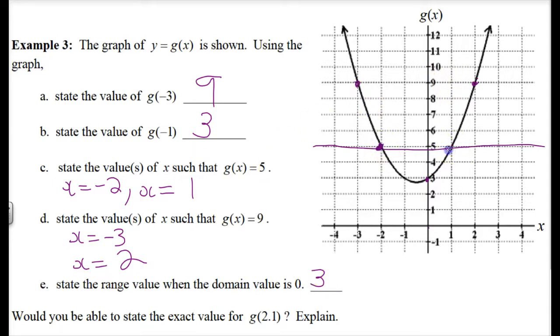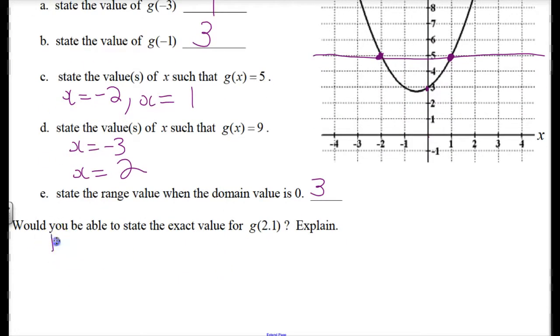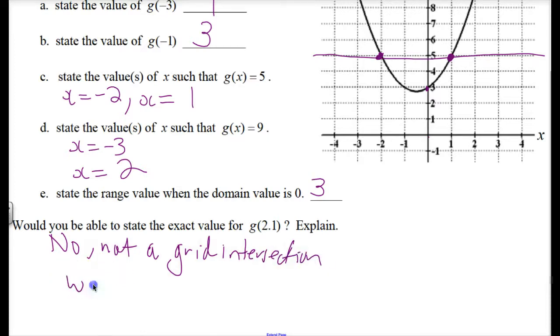We can state it when it's right on an intersection. Otherwise, we can't. So, no, not a grid intersection. We have to estimate.